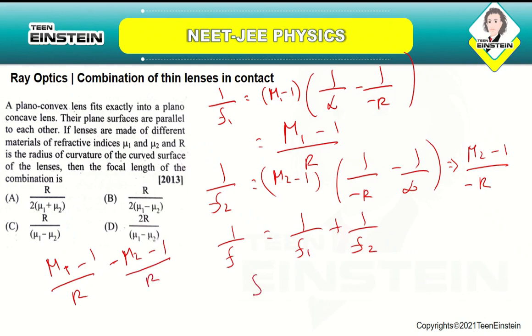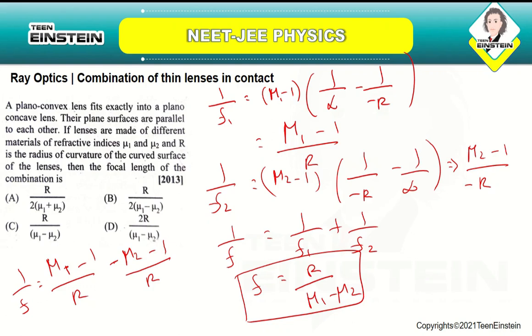If you solve this, you will be getting the f value as r by mu 1 minus mu 2. So the focal length of the combination will be r by mu 1 minus mu 2. So the correct answer is option number C.